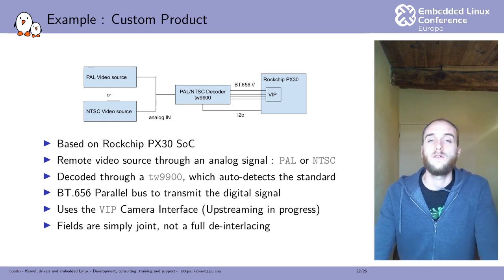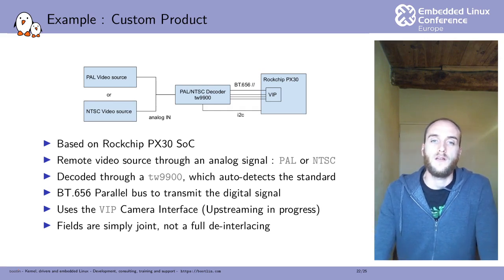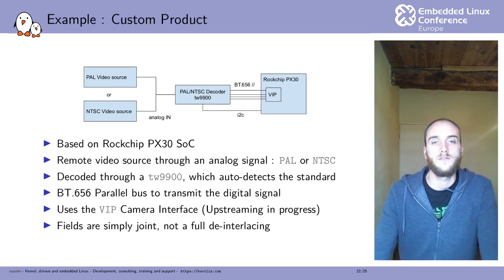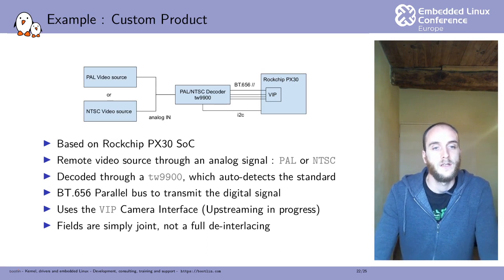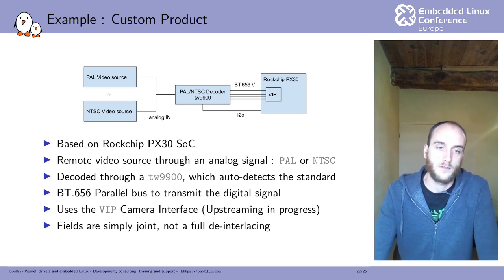The decoder converts this analog data into digital data, which is conveyed on a parallel bus using BT656. It is using the VIP camera interface from Rockchip, so the upstreaming is in progress, same as the decoder, the upstreaming is in progress too.